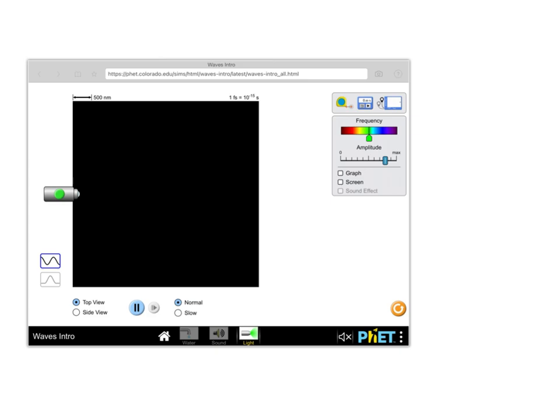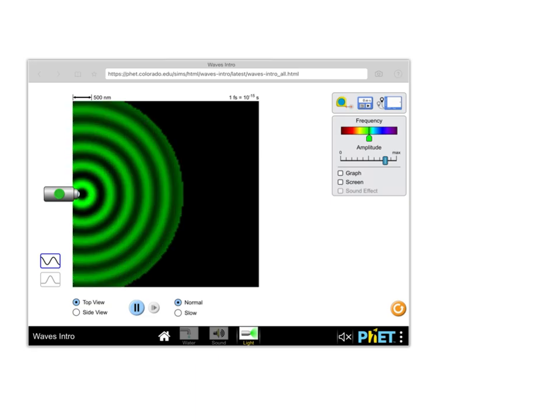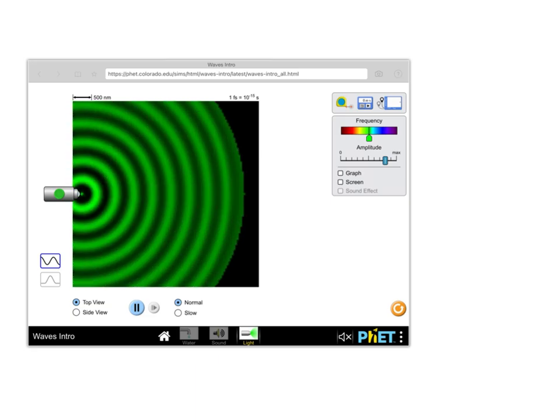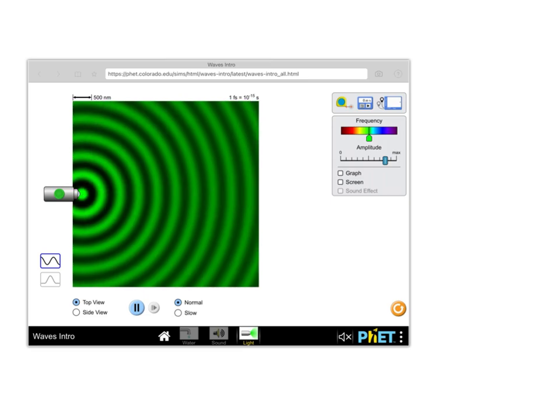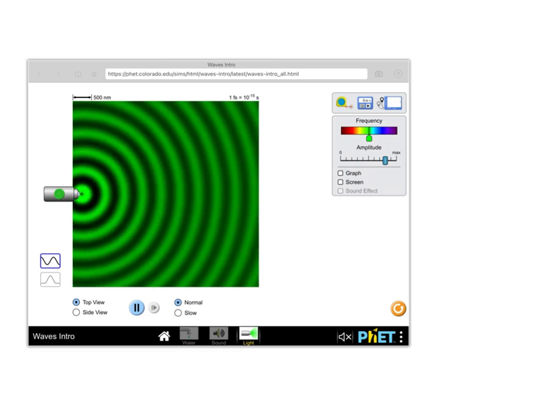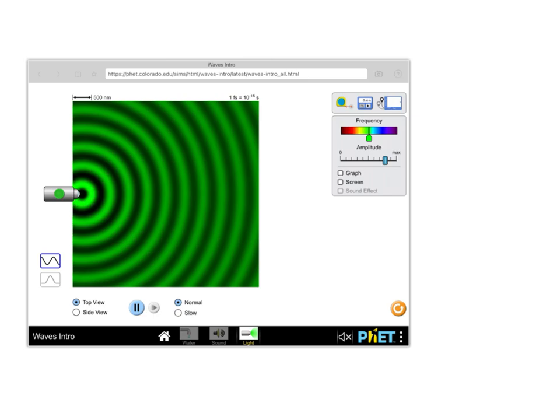If we take the equivalent of the faucet that's putting drops in the smooth surface of the water, let's turn on the light, which causes undulations or patterns in the electromagnetic field. What we're most interested in actually is the electric field and not the magnetic field.